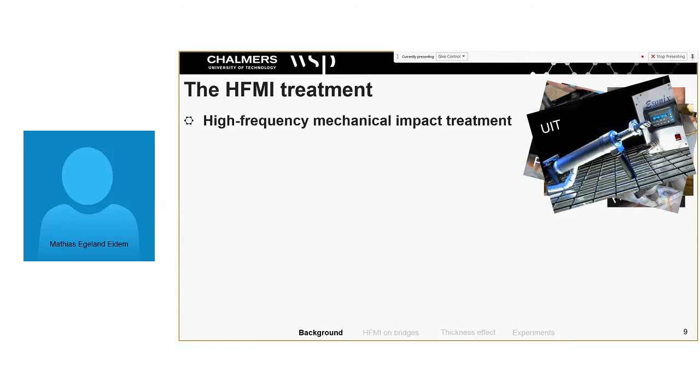And this is also one of the points where it could be sensitive to fatigue.